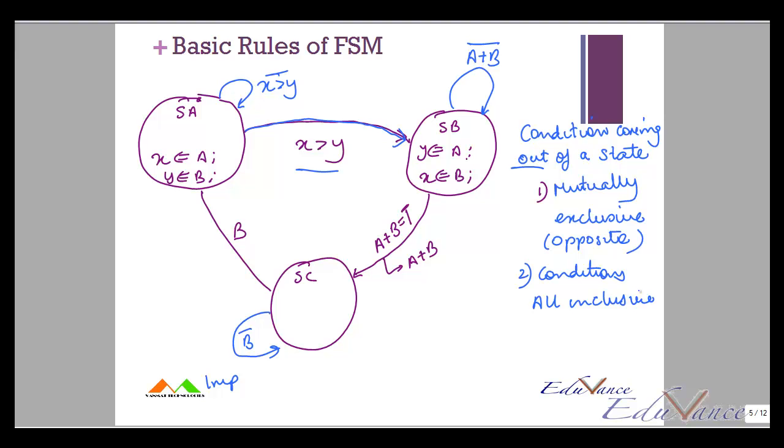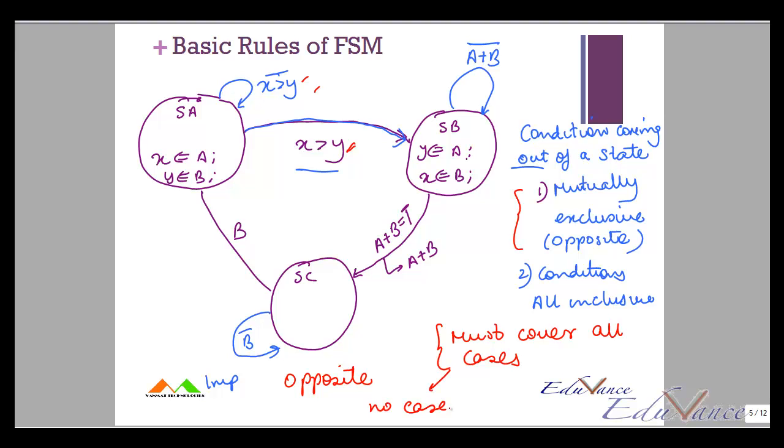All inclusive means that this condition and this condition must cover all cases. So they must be opposite, or mutually exclusive, so that the state machine is not confused, and it must cover all cases so that no case is left out. Okay?